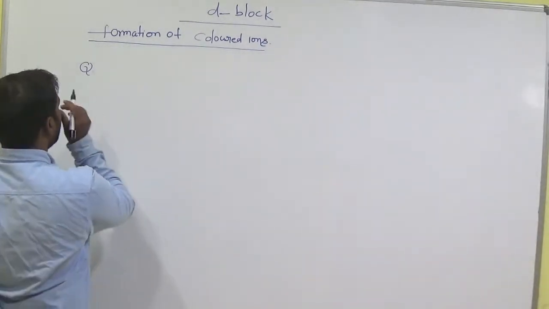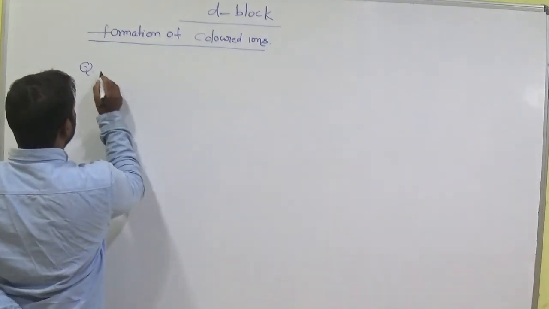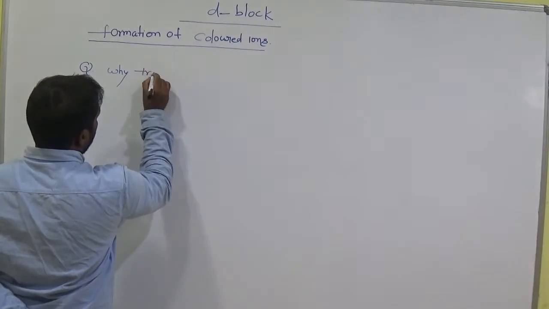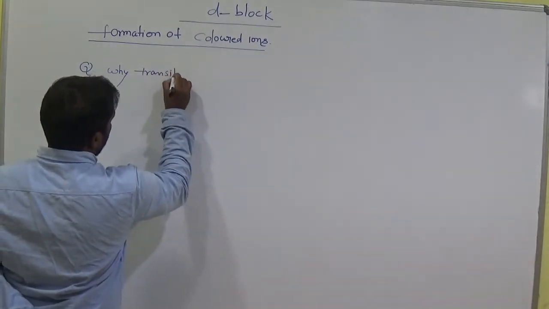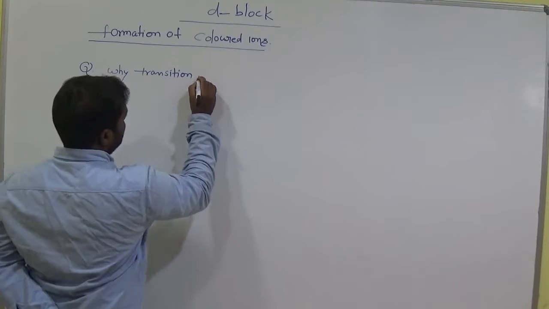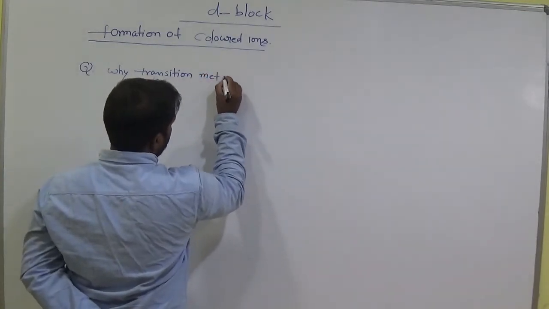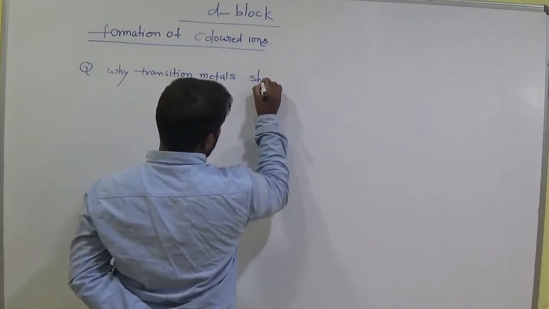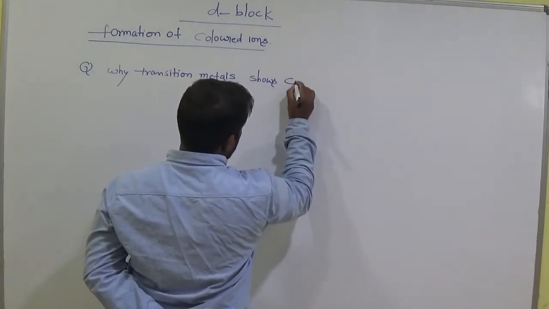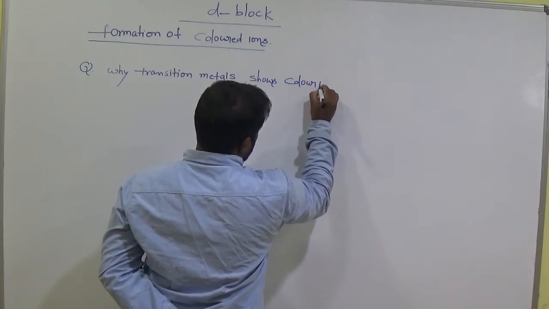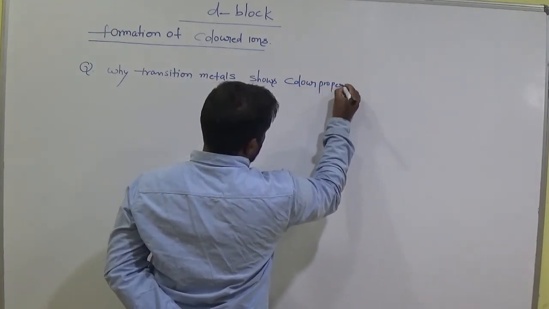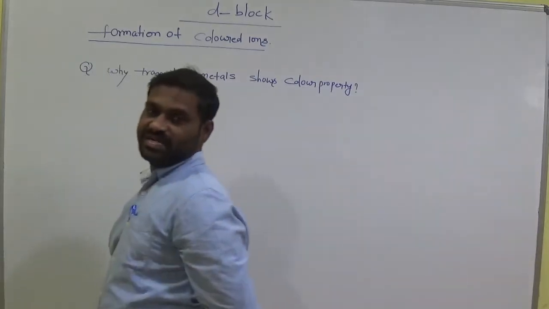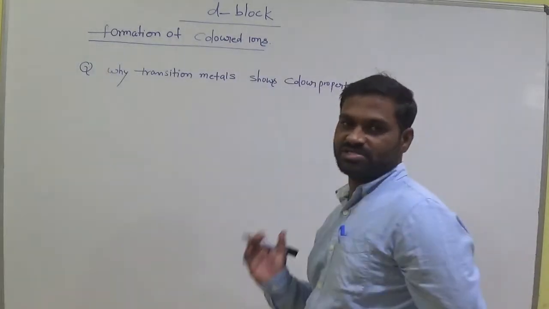Why do transition metals or d block metals exhibit colors in their compounds?